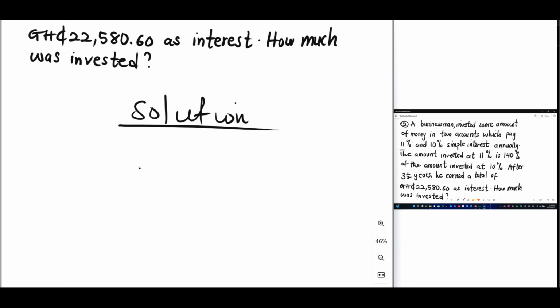We know that to determine your interest under simple interest, you get it as your principal times the time, then times the rate. So to determine the interest that you have obtained on the amount invested, you multiply the amount by the number of years.